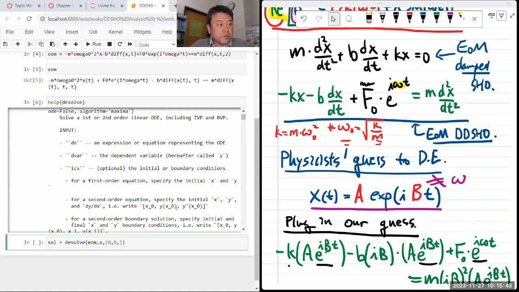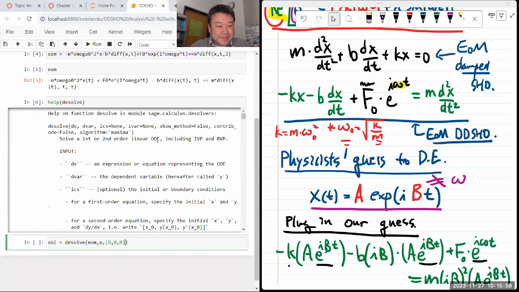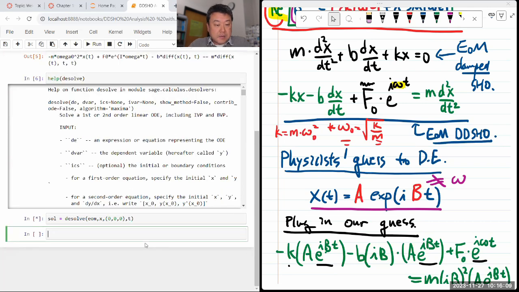And then first order derivative, let's say it's starting out at rest. So it's the ordinary situation where you have a system at rest, you apply a driving force, and it drives everything else from there. Okay, that's the initial conditions. Independent variable, that's going to be t. I think that's everything. Let's see what it'll do.